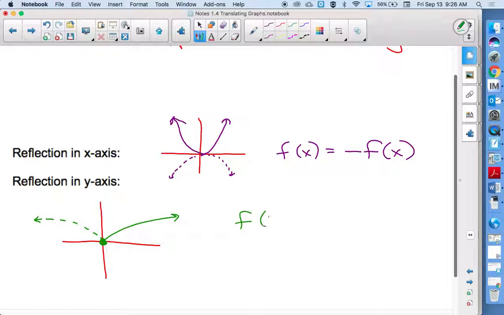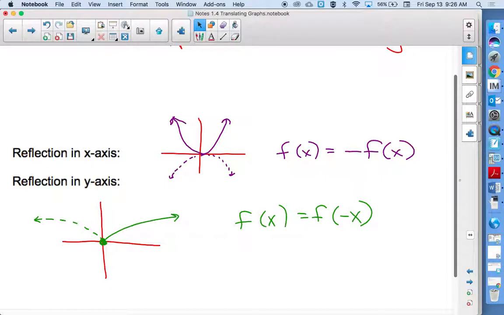So my original function, all the x values are negative. So the difference is where the negative sign is located. If it's with x, it reflects over the y-axis because your x values are negative. If it's in front of f of x or with y, it's flipping over the x-axis because it's going down to the negative y values.